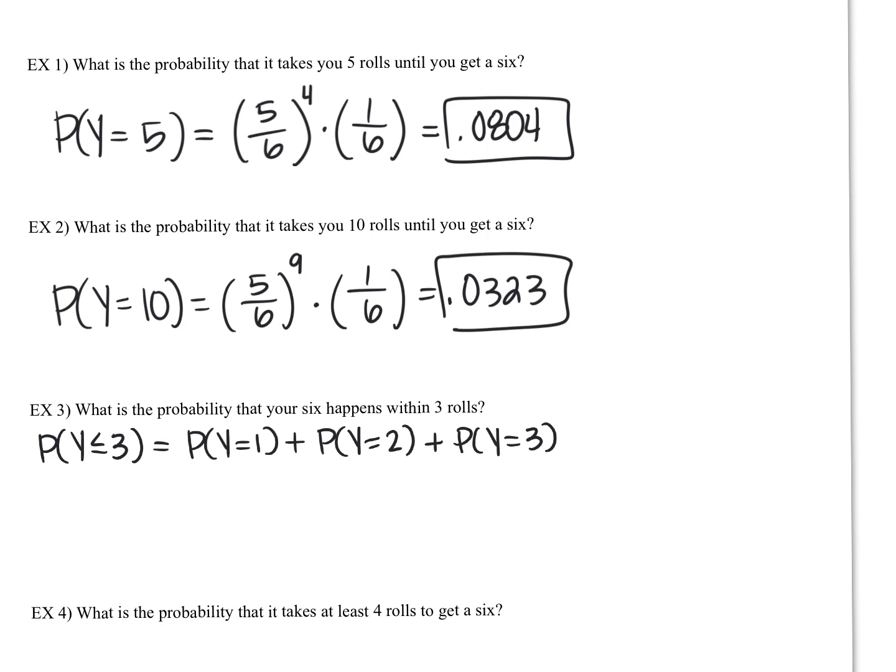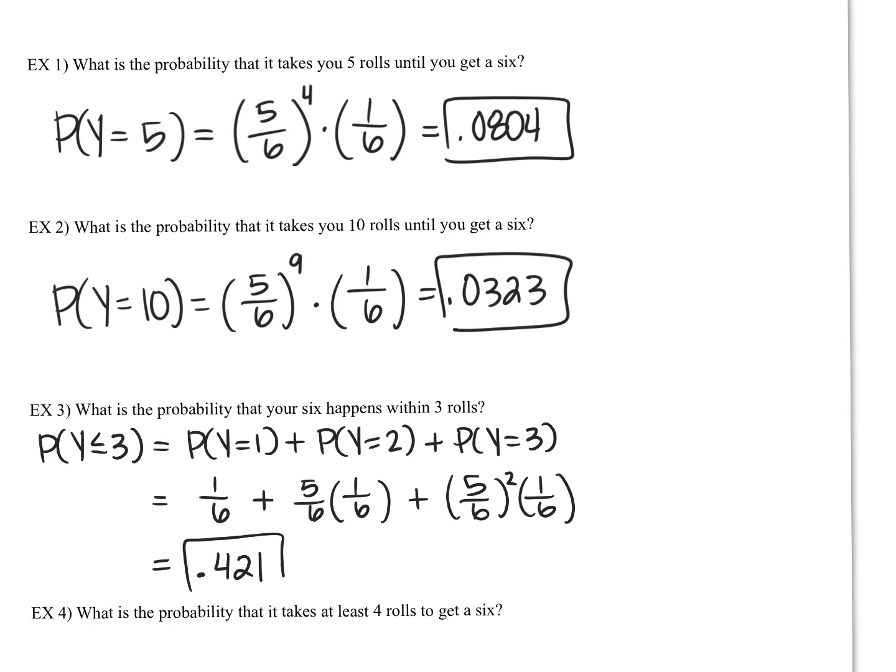I don't have to do an nCk. So I'm not going to show you how to do a summation here. I'm just going to go ahead and use the formula. So we know the first success is 1/6. We know the second success is 5/6 times 1/6. And then we know the third is 5/6 squared times 1/6, which ends up being 0.421.